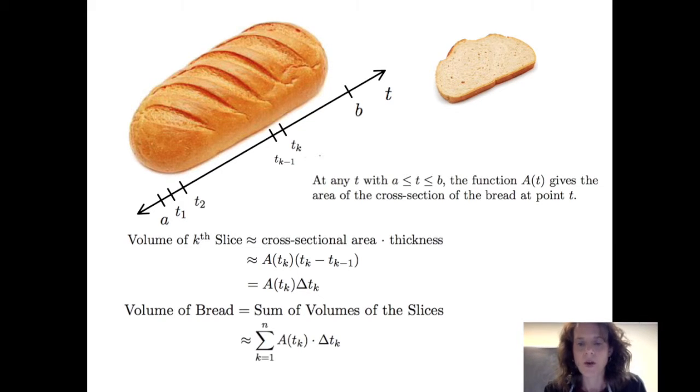And as we take the norm of the partition and let it go to 0, we get the definite integral from a to b of A of t dt, where A of t is that cross-sectional area function. We're integrating with respect to t because we took slices perpendicular to the t-axis.